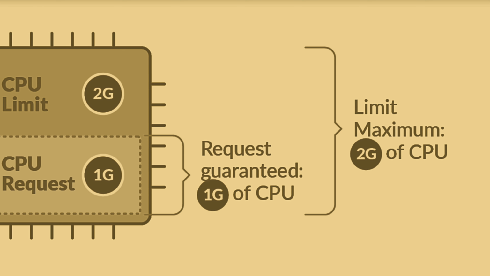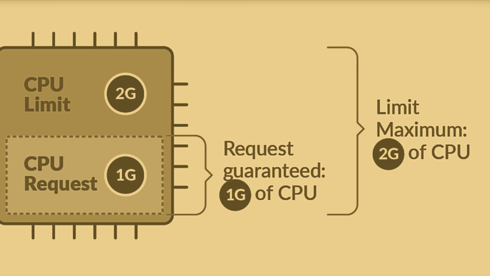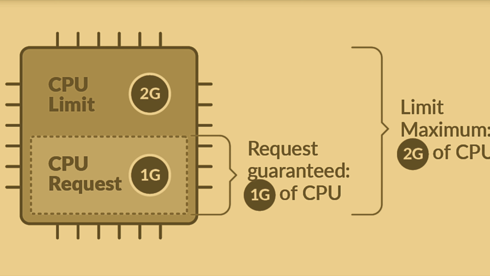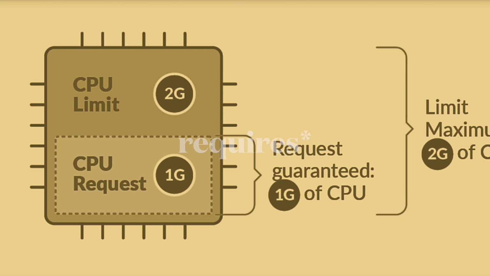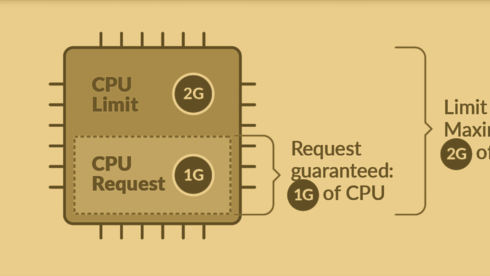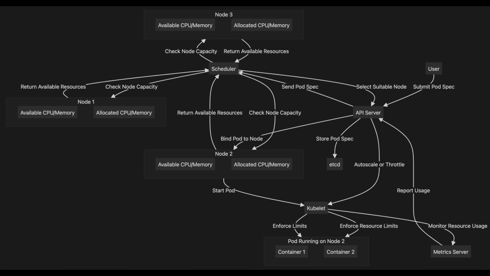Requests are the baseline. It is the minimum amount of CPU and memory that a pod needs to run. In a Kubernetes cluster, the scheduler uses these values to decide which node has enough available resources to place that newly requested pod.